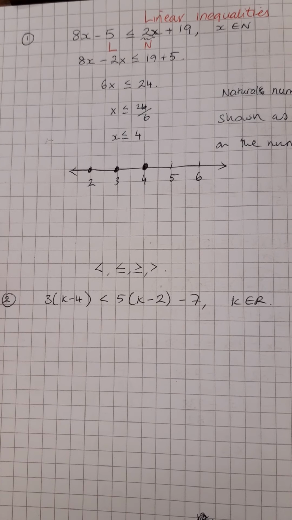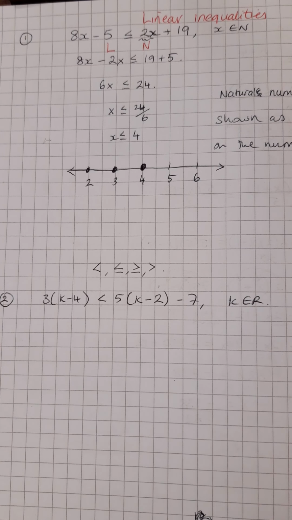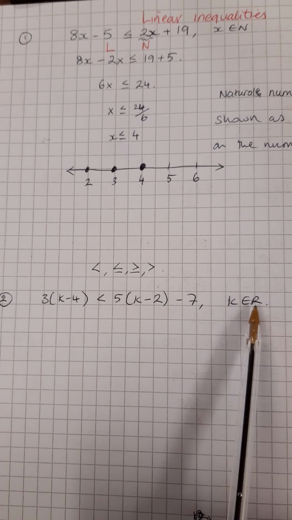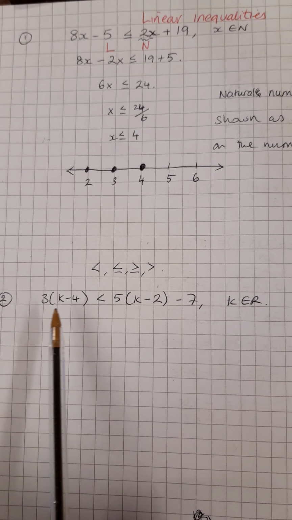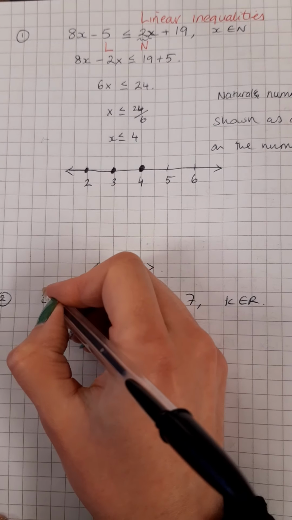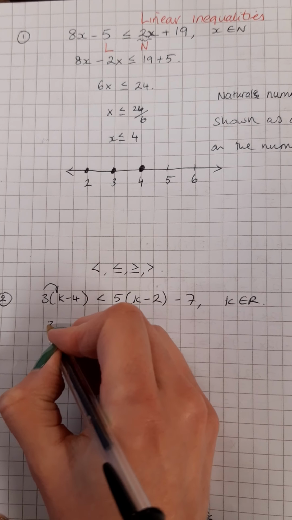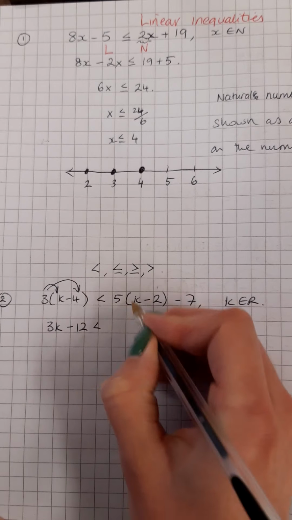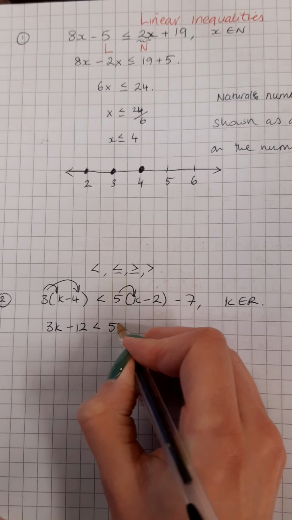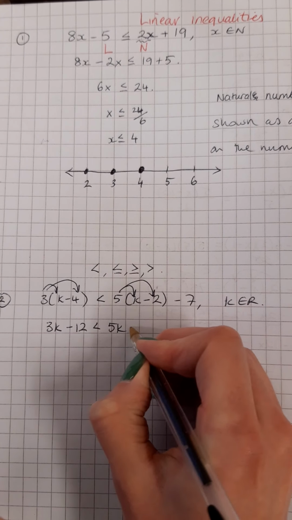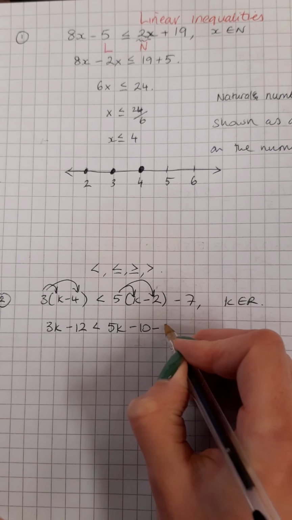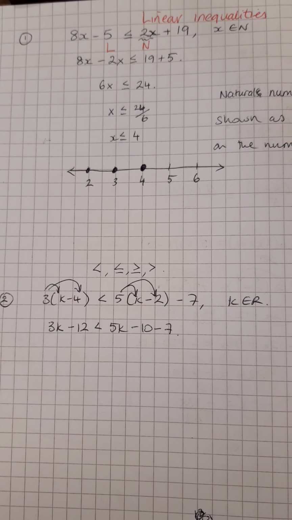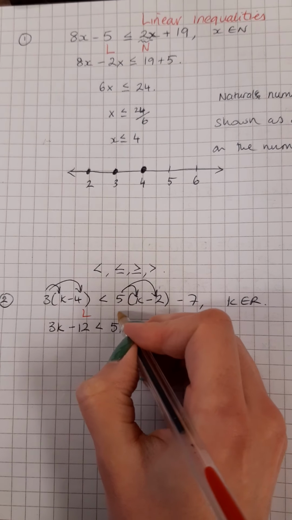The second question is very much the same, only that obviously our answer at the end has to be real numbers, but it involves a little bit of multiplication beforehand. 3 by k is 3k. 3 by minus 4 is minus 12, is less than 5 by k is 5k, and 5 by minus 2 is minus 10. Don't forget the minus 7 at the end. Like we did the last time, we want letters to the left and numbers to the right.